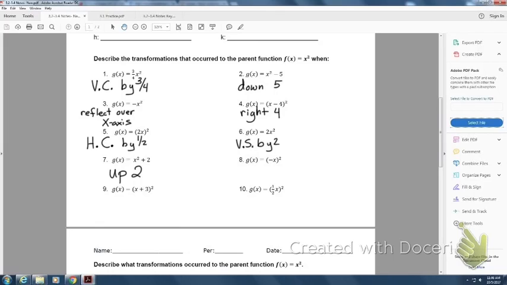Okay, looking at 8, Trey. Reflect over the y-axis. Number 9, Morgan.